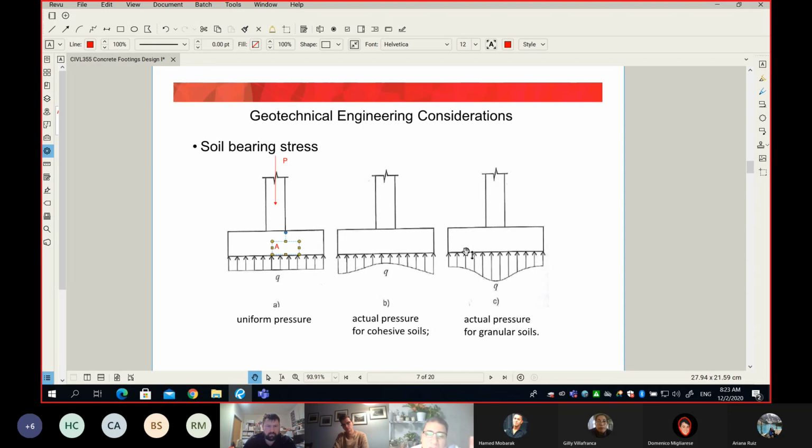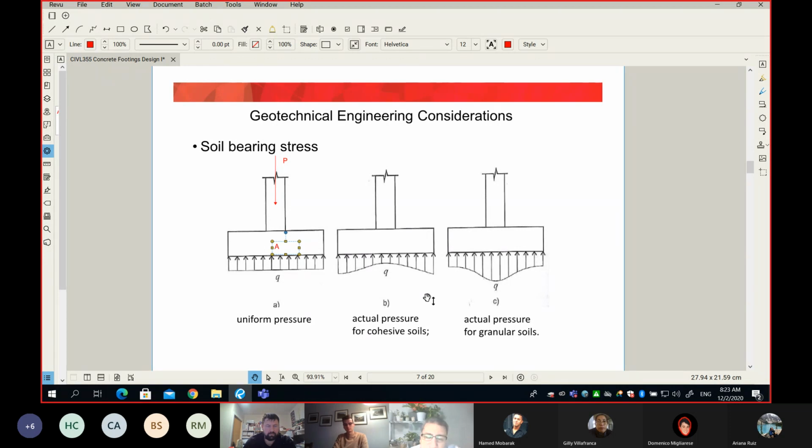Okay. Now, the stress distribution under the footing. You see on my screen three different pictures: A, B, and C. Guess what? The one on the far left is not real. It is not going to happen.